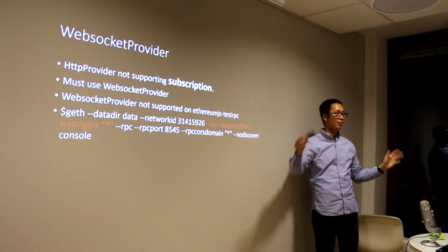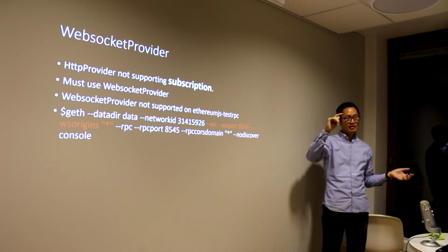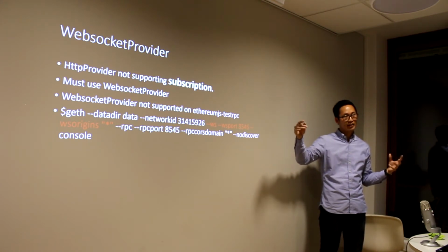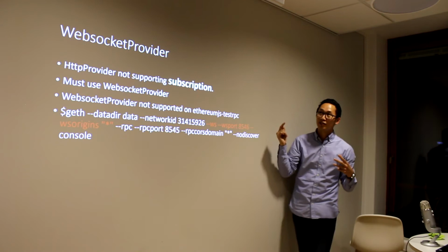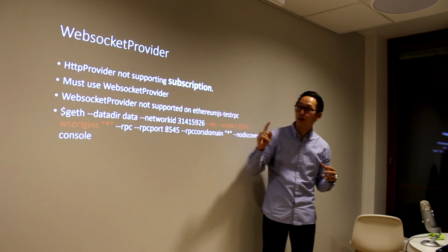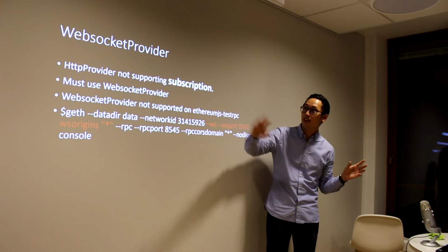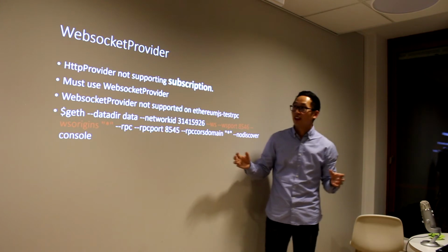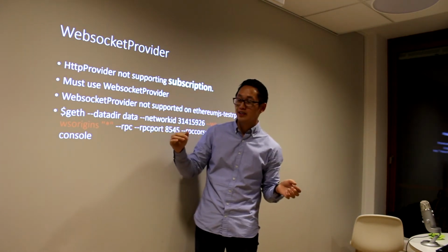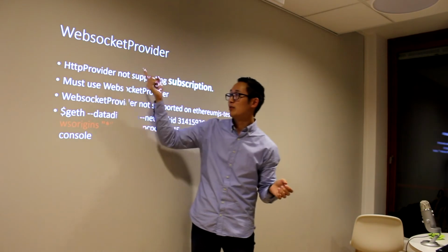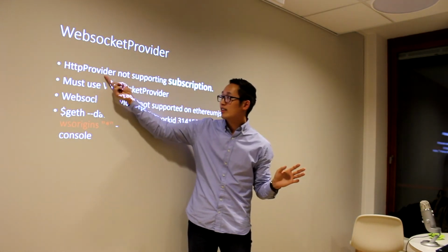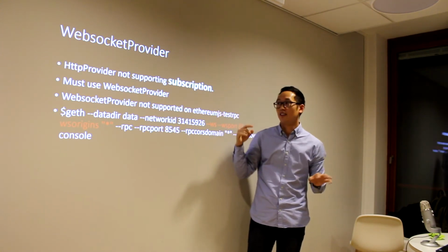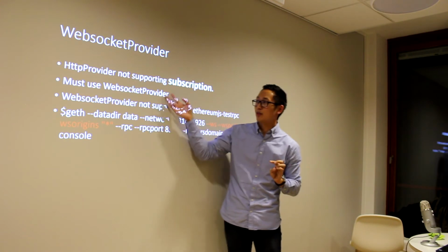You can subscribe to those events, a subscription, and then you will be able to know what's happening inside the smart contract when someone calls a function. So you need the WebSocket provider. If you have a web application, you need the WebSocket provider to be able to do subscriptions. Normally, when you use Web3.js, you have the HTTP provider, but this HTTP provider doesn't support subscription anymore. And then you have to use the WebSocket provider.